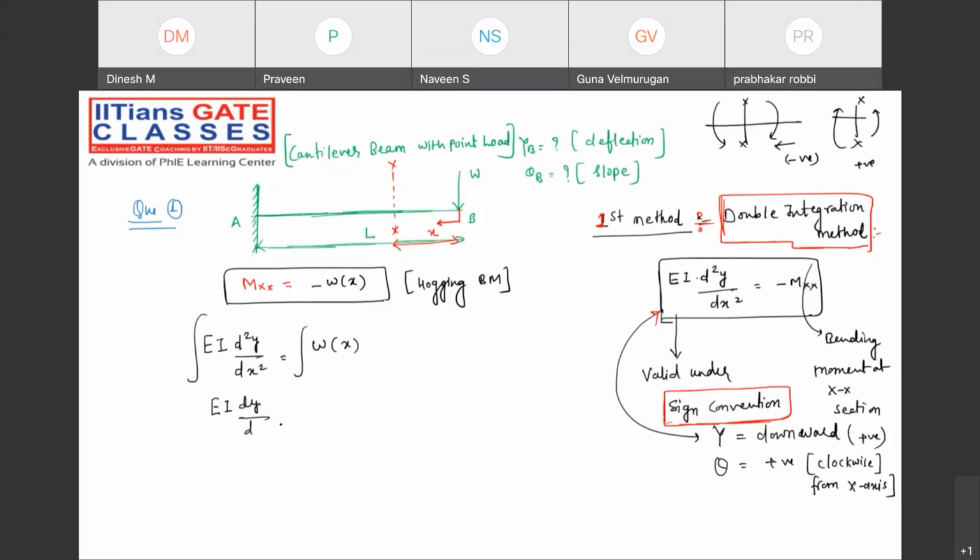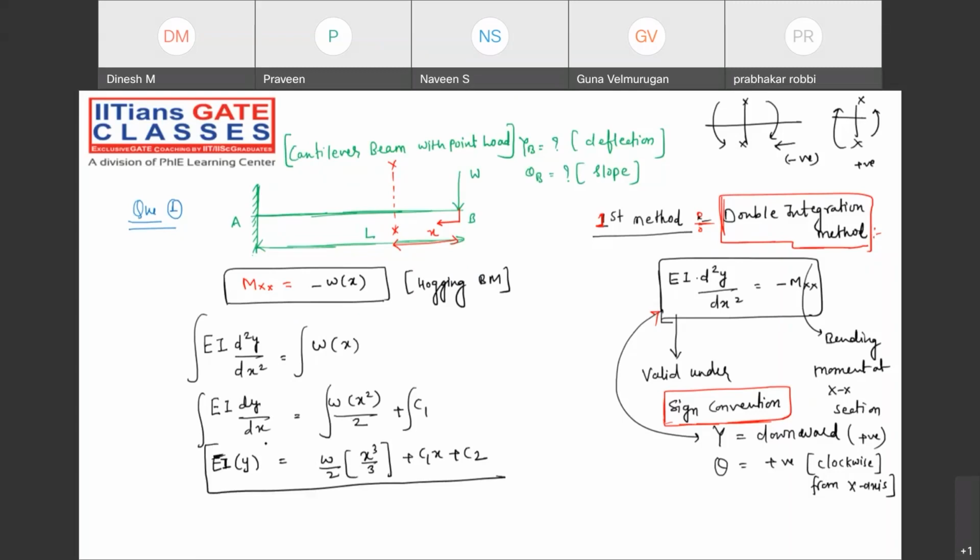EI dy by dx is equal to w x square by 2 plus c1. Again do the integration. So EI y is going to be w by 2 into x cube by 3 plus c1 x plus c2. That is going to be your major formula.